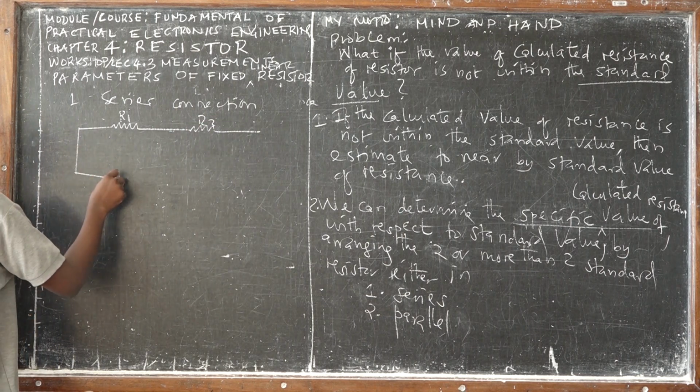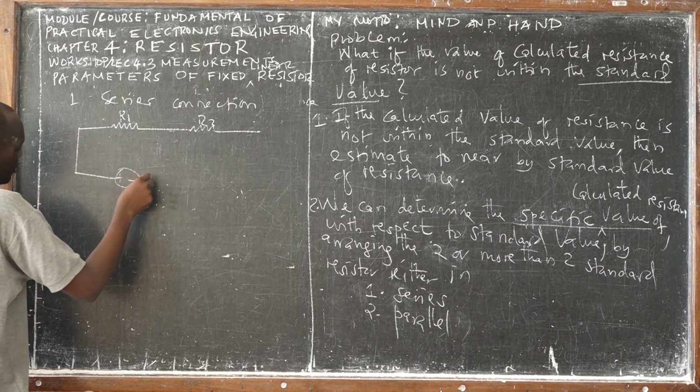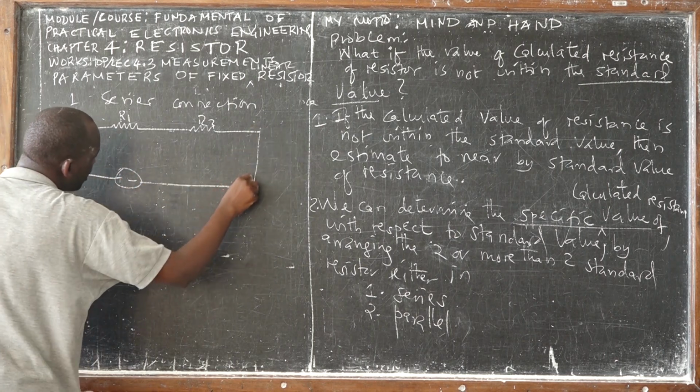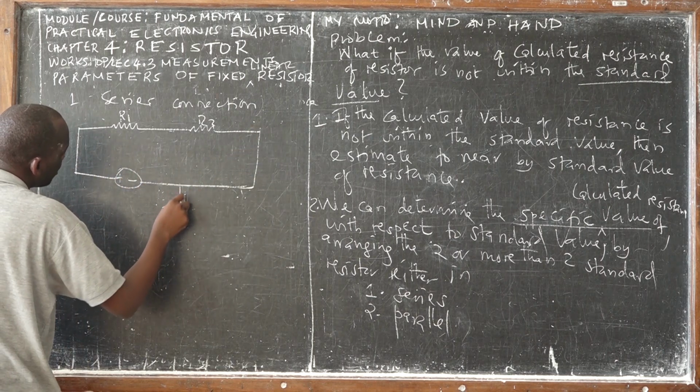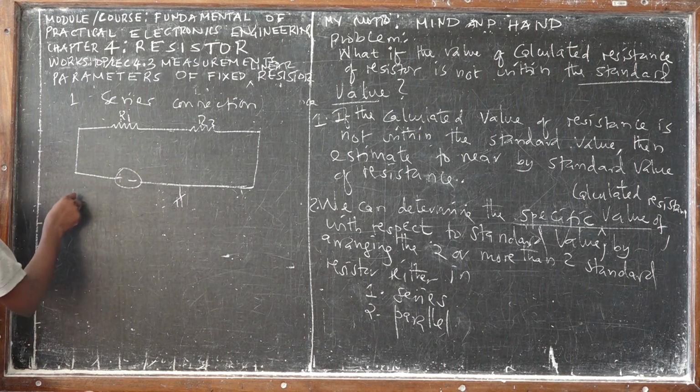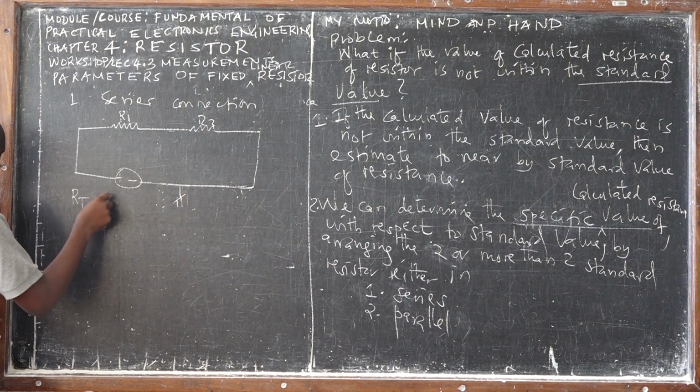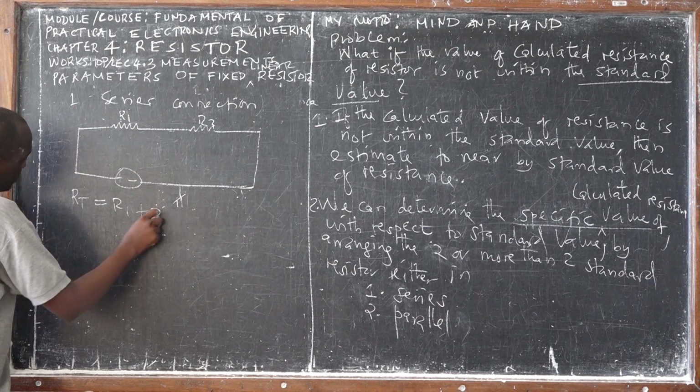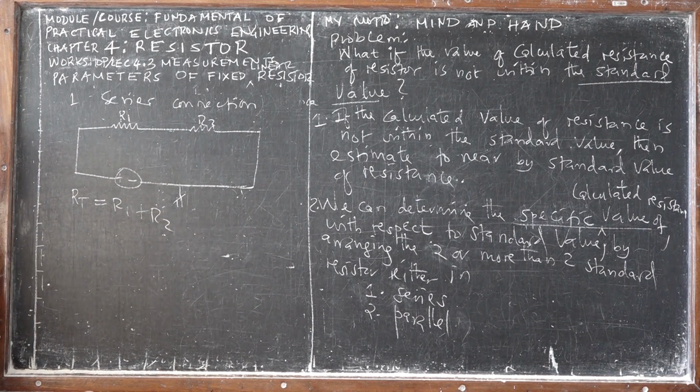Then here we have, let's say, a DC voltage source. For the series connection, we know that the total equivalent resistance is equal to R1 plus R2.